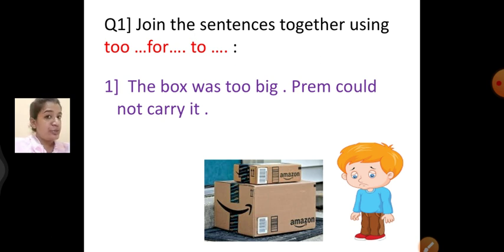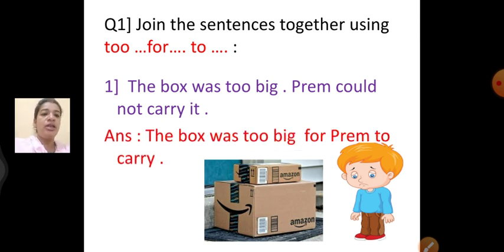We are not going to use 'not' while joining the sentence. And we are not going to write 'it' because we have already written 'the box' in the start of the sentence. So the box was too big for Prem to carry. Let's see the answer. The box was too big for Prem to carry.